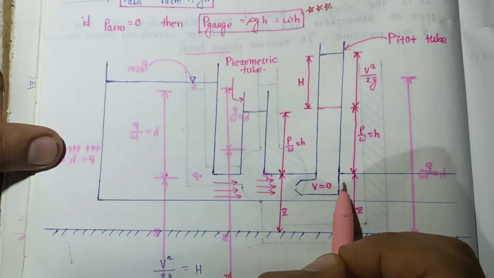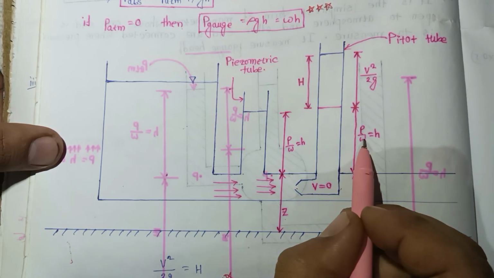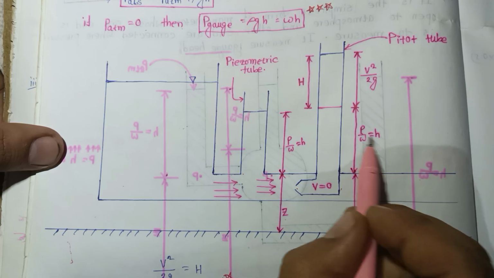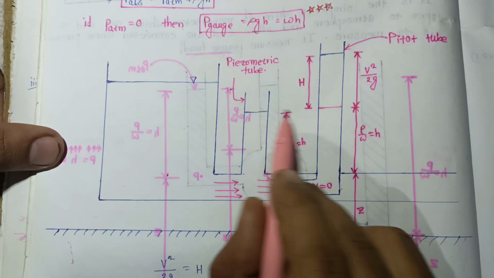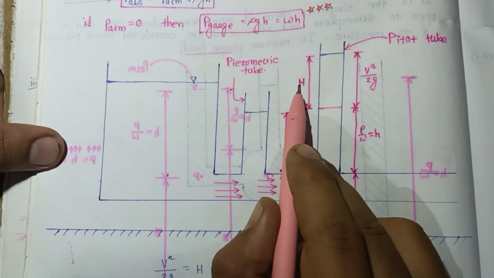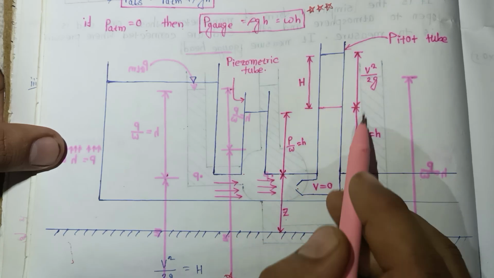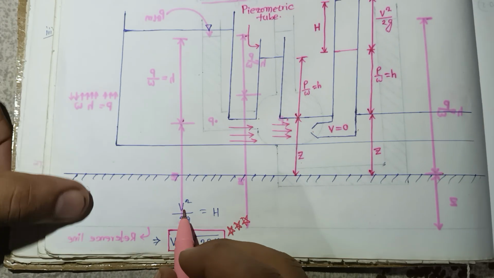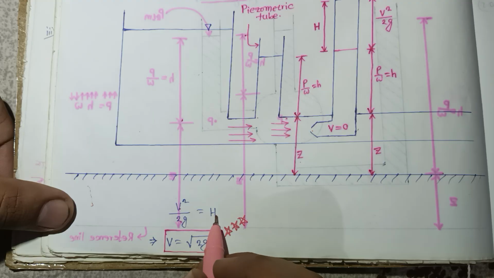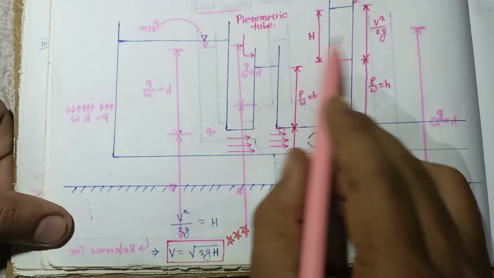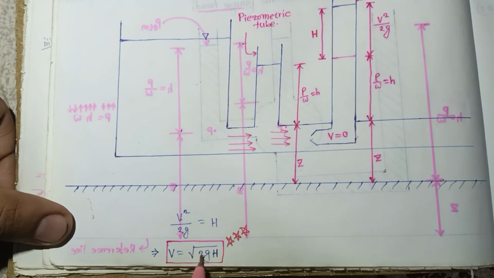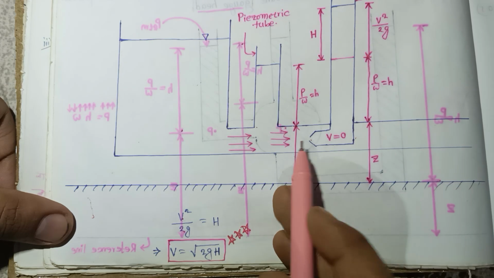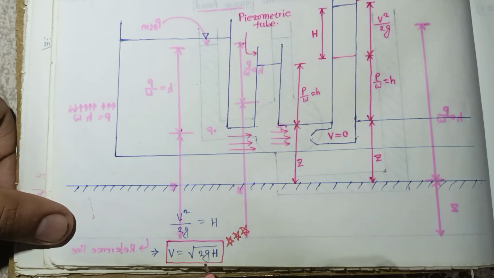So P by omega is equal to h, and the extra liquid column deflection, consider this h, is equal to V square by 2g. So h equals V square by 2g, so V equals under root 2gh. From here you can calculate the velocity at that location.